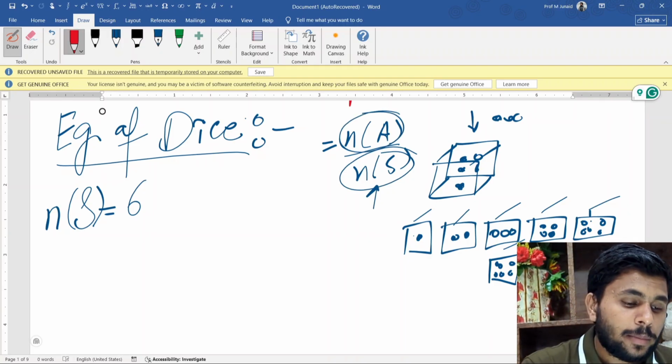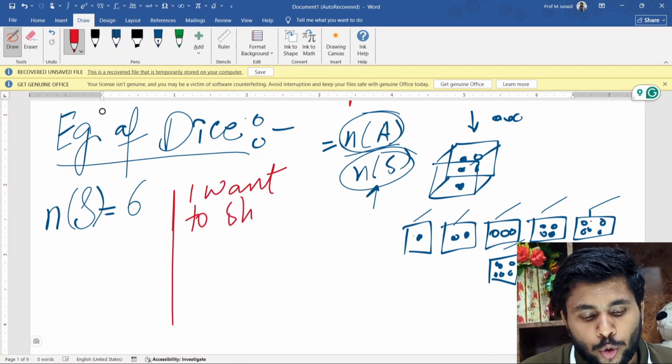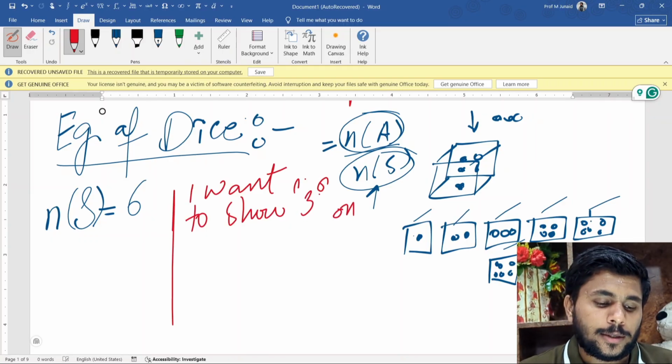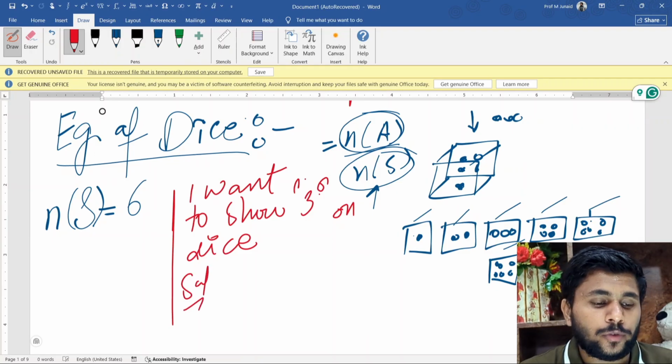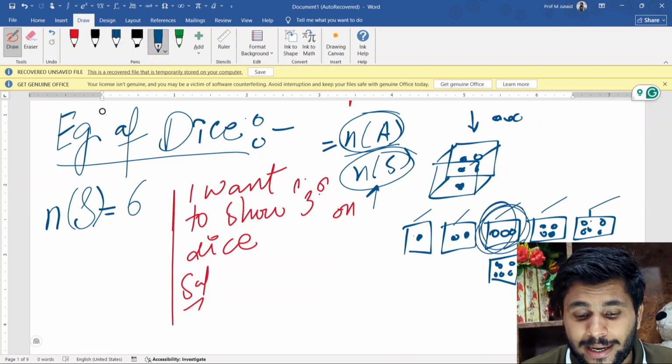I said my favorable outcome is that I want to show 3 on the dice. So what is the solution of this question? Our favorable outcome is 3. So how many 3s are in a single dice? Only 1.